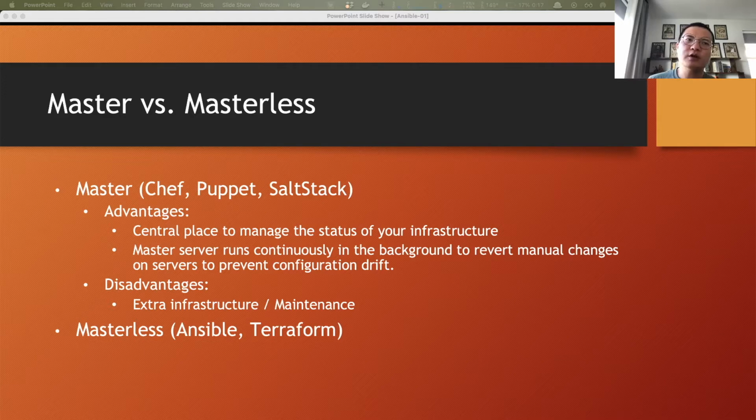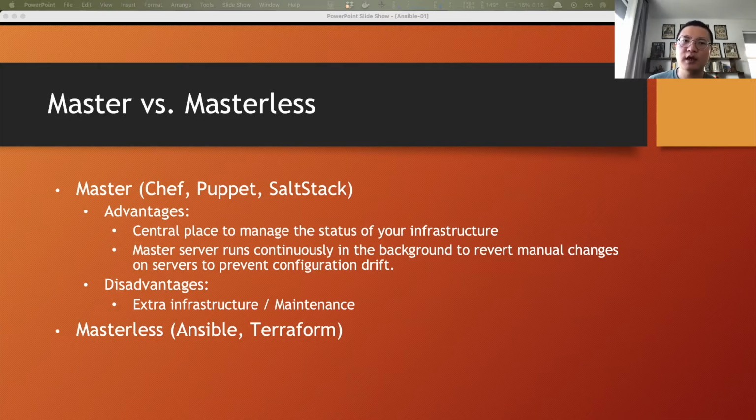Every time you want to update something in your infrastructure, you use a client like a CLI tool to issue new commands to the master server, and the master server either pushes the updates out to all the client servers, or those client servers pull the latest updates down from the master server on a regular basis.